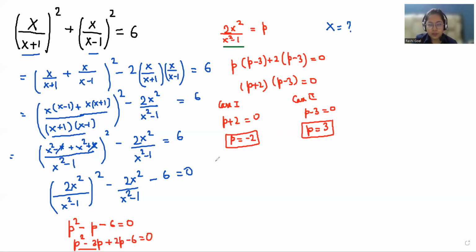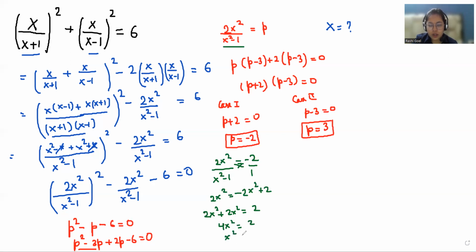In case 1, 2x²/(x²−1) = −2. We take 1 in the denominator and do the cross multiplication. So 2x² = −2x² + 2. We take −2x² to this side, so it converts to +2x² = 2. So 4x² = 2.